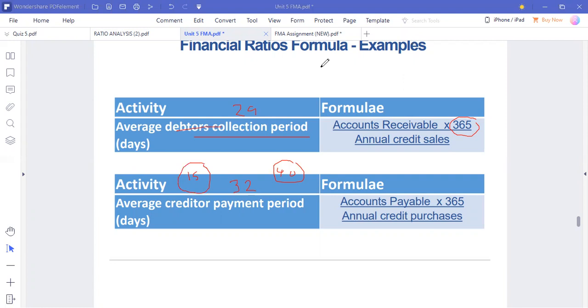Clarify. Do we ignore the cash sales and cash purchases? Yes, because when you're dealing with creditors and debtors, we're dealing with accounts payables and receivables. These ones are debtors. They collected money on credit from us, so we're only dealing with credit transactions here. These are credit purchases.